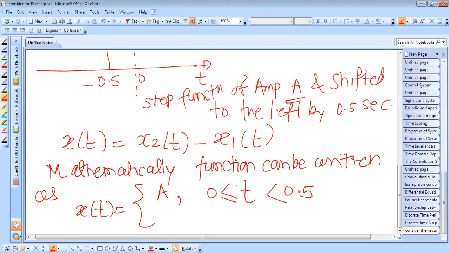You can check the given pulse, and it is 0 for t greater than 0.5. Now here the modulus of t denotes the magnitude of time t.